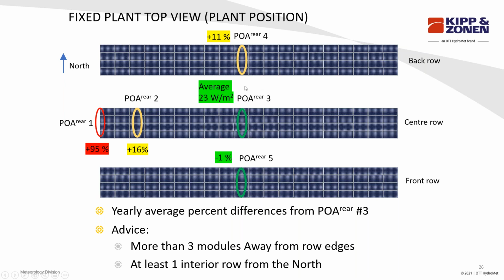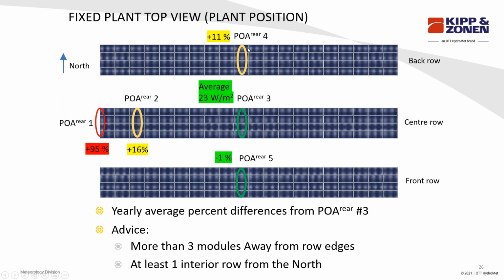So this is the center measurement, and then we can see that if you place the pyranometers at the edge of the row, you measure roughly 95% more than if you have it in the center. And if you move away from the edge towards the center, then this figure goes down. But at the 3rd module, it's still 16% too much.